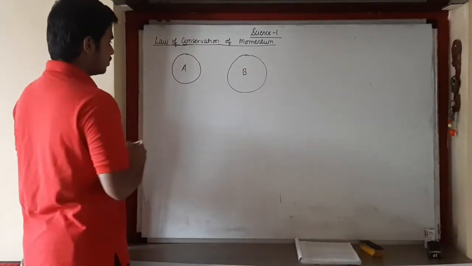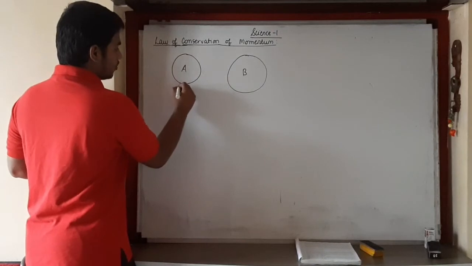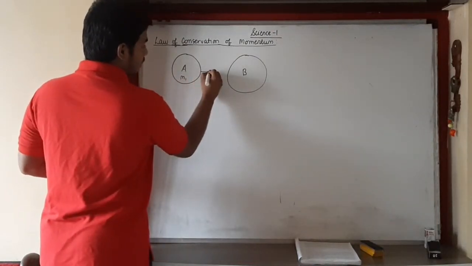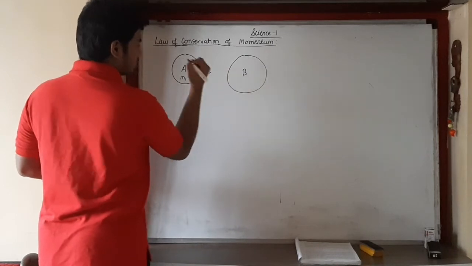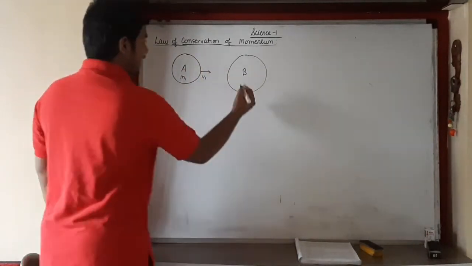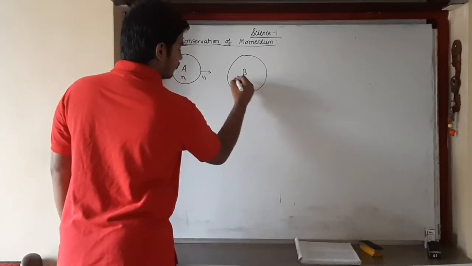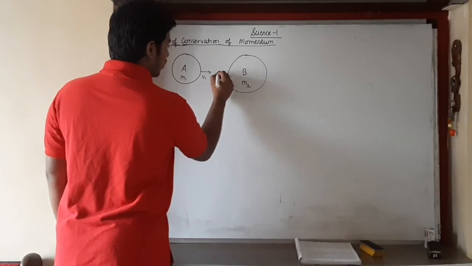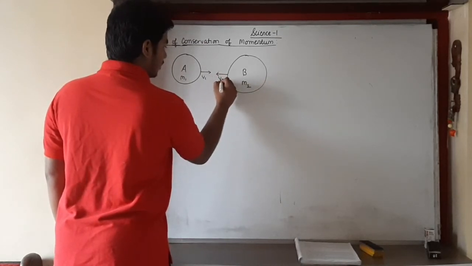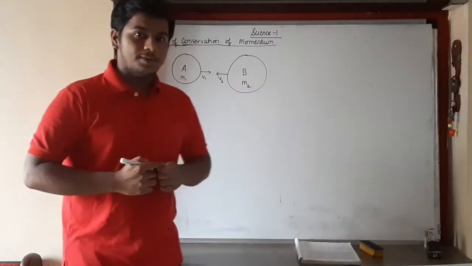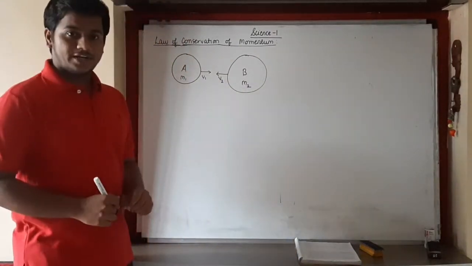So the mass of object A is m1 and it is moving towards object B with a velocity of v1. Let us assume that the mass of body B is m2 and its velocity, with which it is moving towards object A, is v2 respectively.